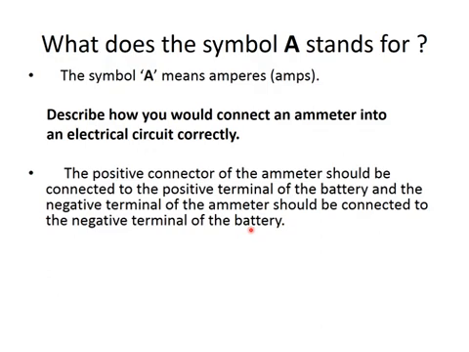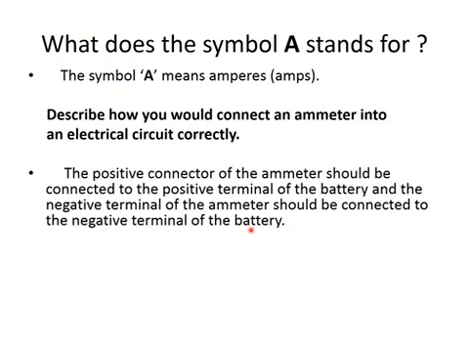Yes, we have discussed this earlier also, and let me explain it again, how to connect an ammeter in the circuit correctly. You have two terminals of the battery and two terminals in the ammeter. One is positive and one is negative in both.